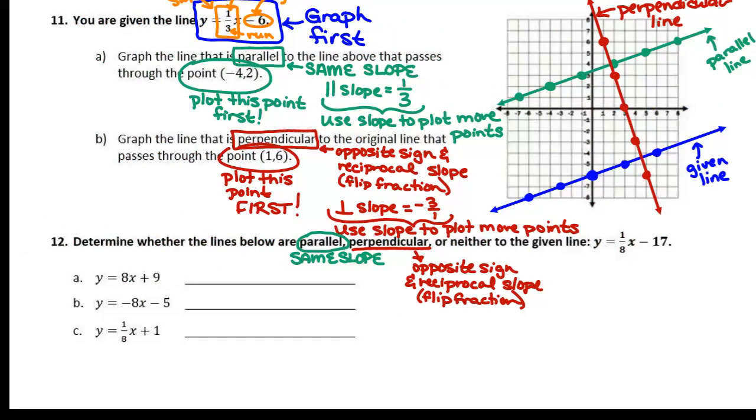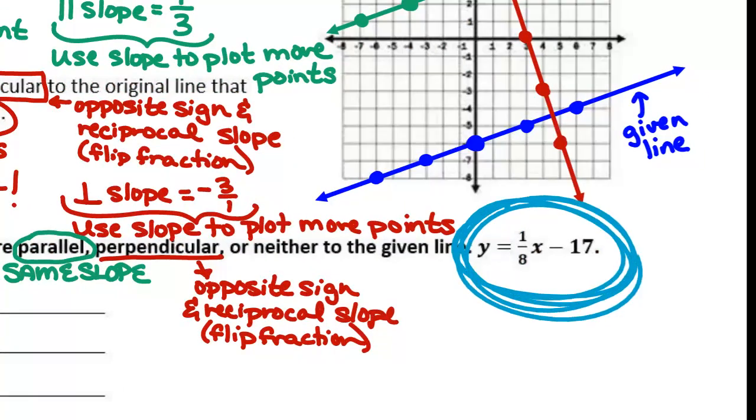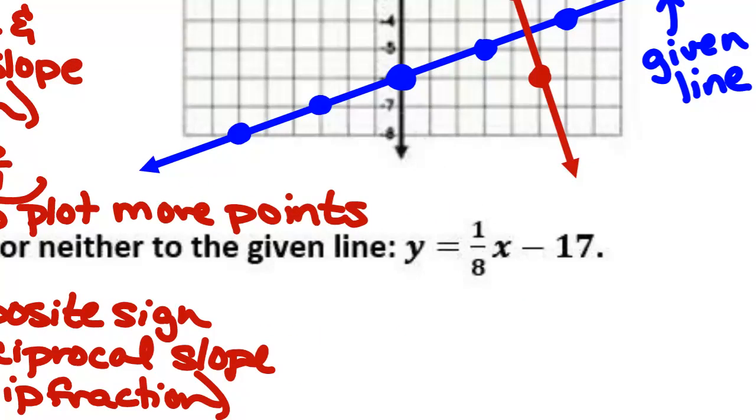So let's look at the line they gave us. Which of those numbers is the slope for this given line? 1/8. This is the slope.